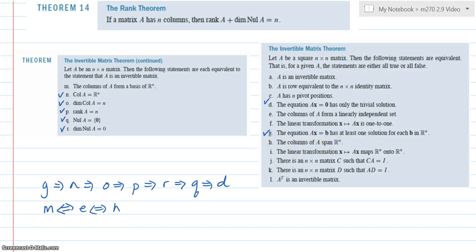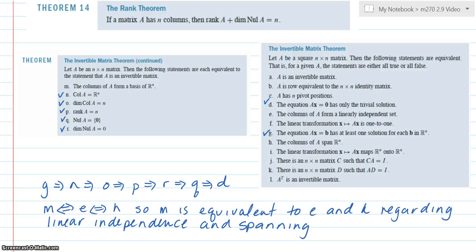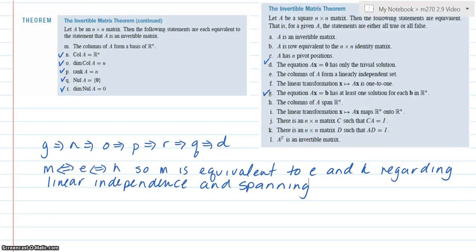So therefore, the columns of A form a basis of Rn, because again, if you remember, a basis is a set that is linearly independent and spans our subspace, which in this case is Rn. So again, M is equivalent to E and H regarding linear independence and spanning.